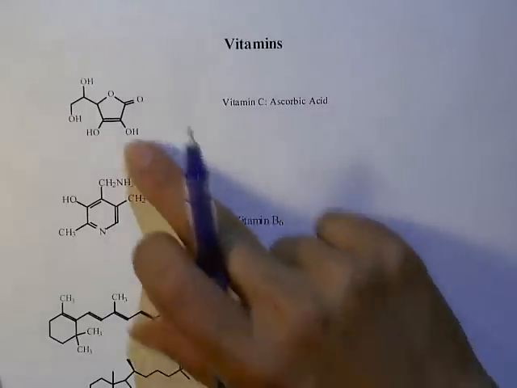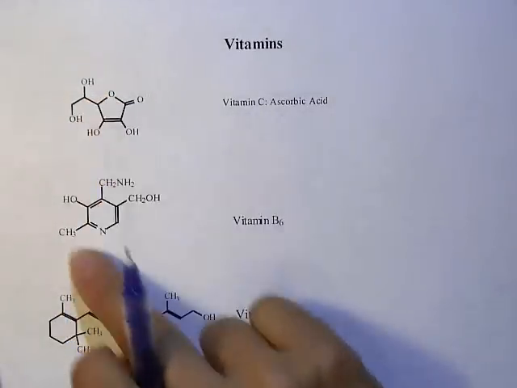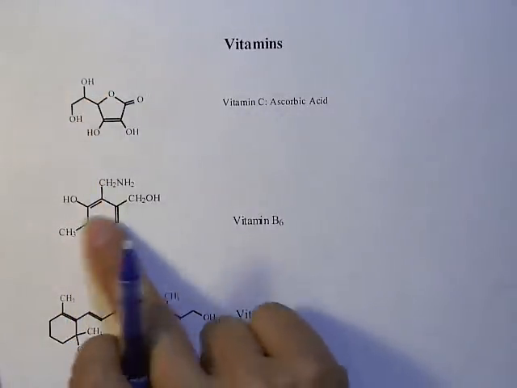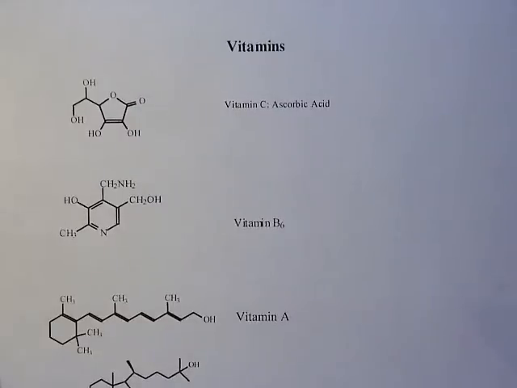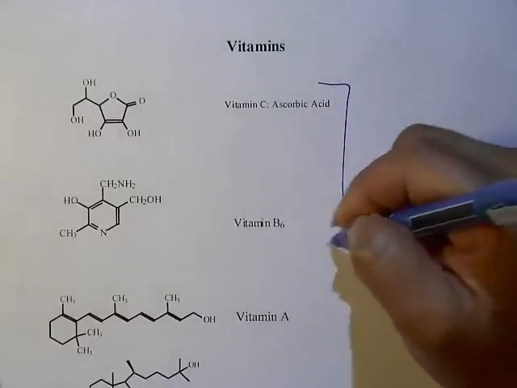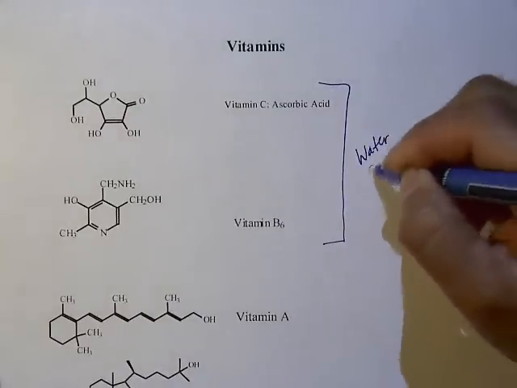So notice all these polar functional groups in vitamin C, for example, ascorbic acid, or vitamin B6. There are a lot of polar functional groups compared to the number of carbons. So these are going to be the water soluble vitamins.